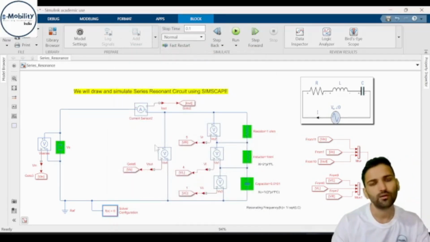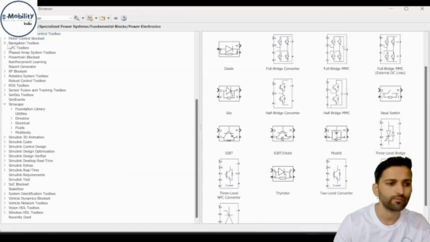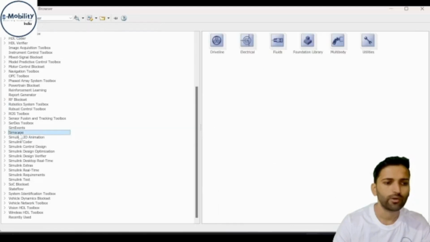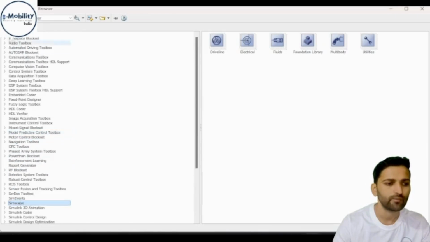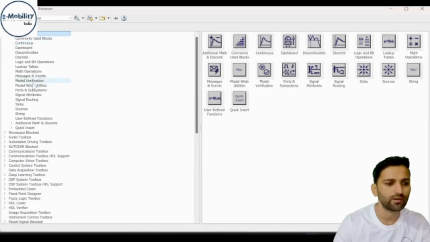One very small trick in this is the use of this converter. This converter converts Simscape signals into Simulink, because the scope is from the Simulink library. If you go back to the library, we are putting every component from the Simscape library, and the scope we are finding is from this library.